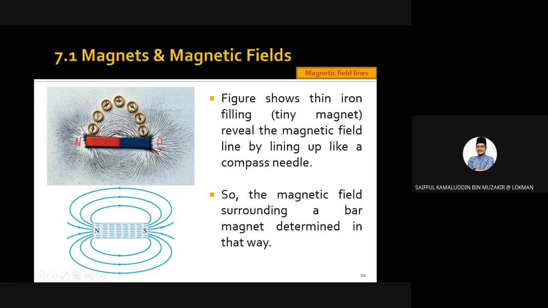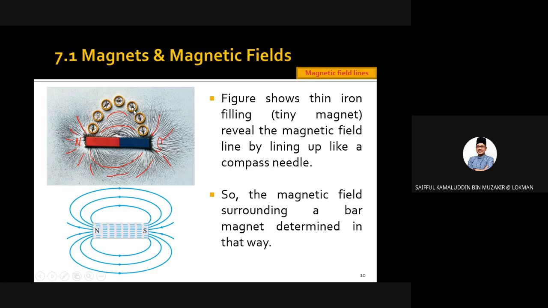If we scatter very fine particles of iron filings, tiny magnets, they will reveal the magnetic field. We could see the magnetic field like this. Can you see it? The shape of the magnetic field. The direction of the magnetic field can be shown. This is the magnetic field. We could see that these are real. They are not imaginary.